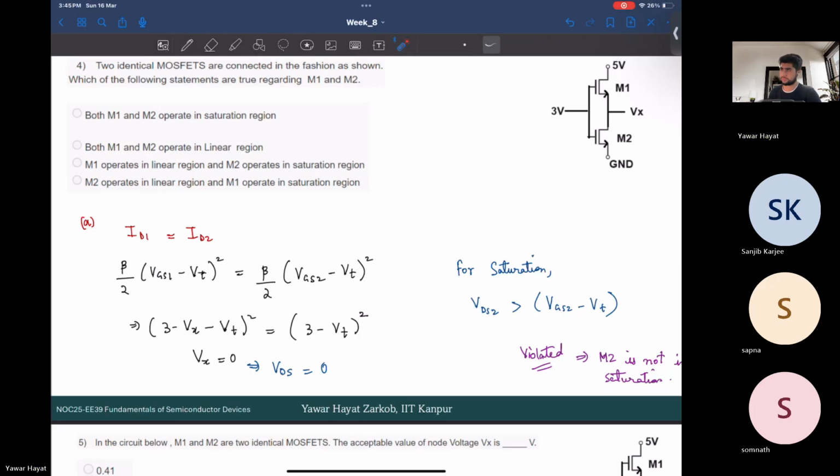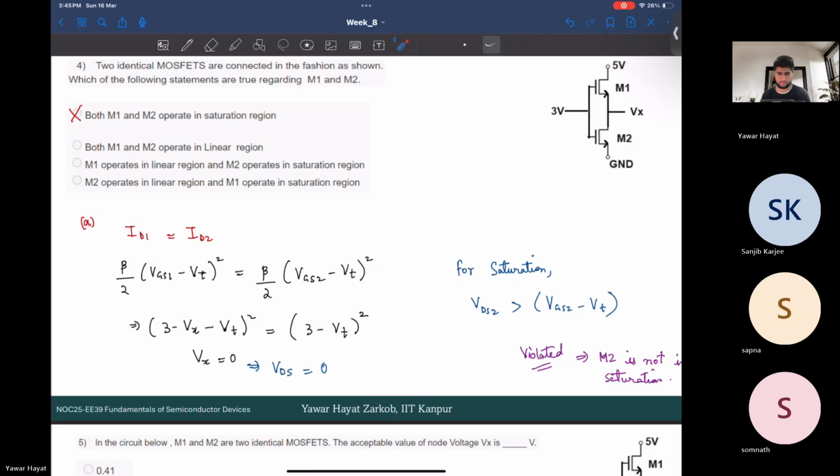Now, we can discard this. Similarly, what will you do for this case? Again, you need to equate the currents, right?